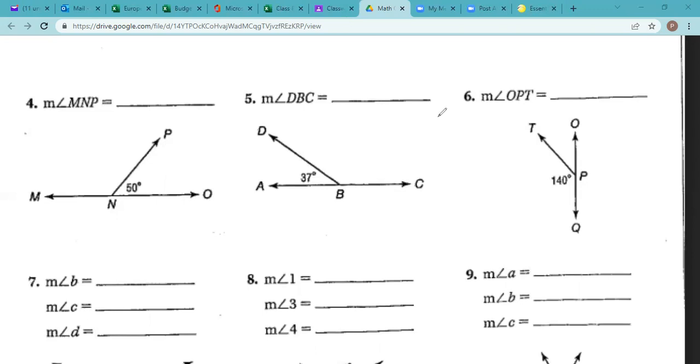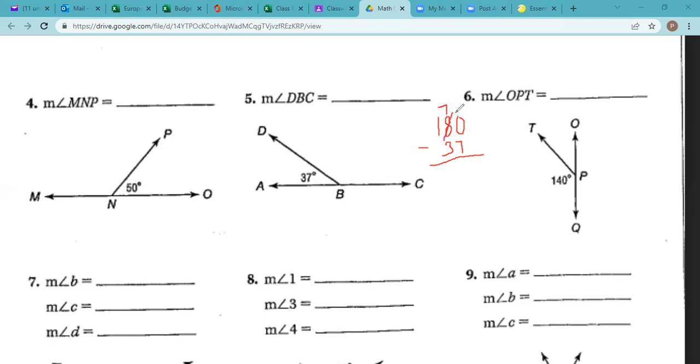Now, again, we know that all together angle ABC is worth 180 degrees because it's a straight line or straight angle. We know that angle ABD is 37 degrees. So once we subtract 37 from 180, we will know what angle DBC is. 0 minus 7, you can't do it. Let's borrow from the 8 and make it a 7.